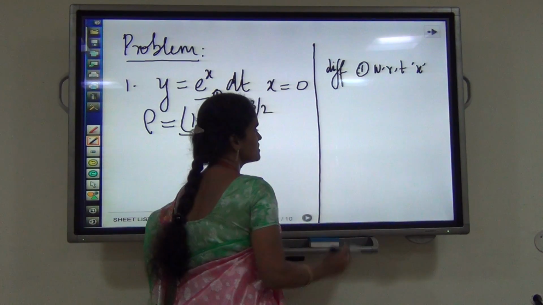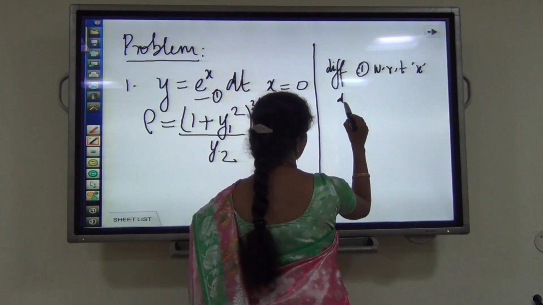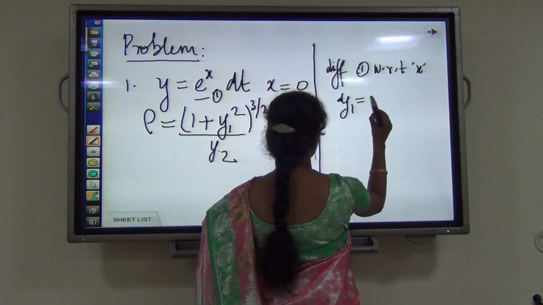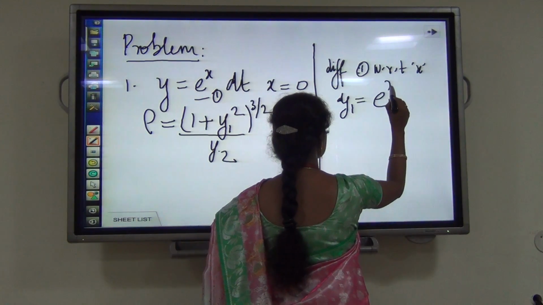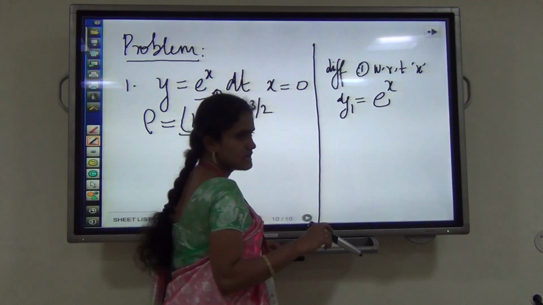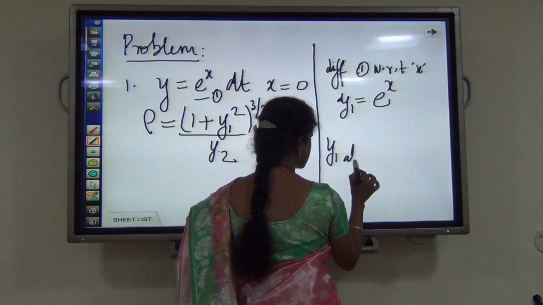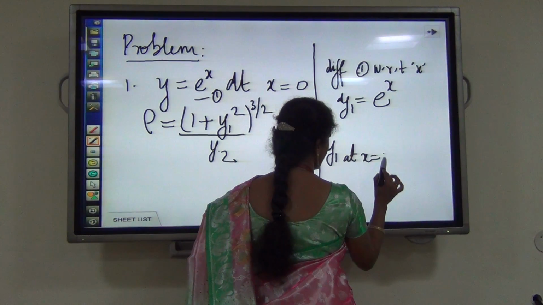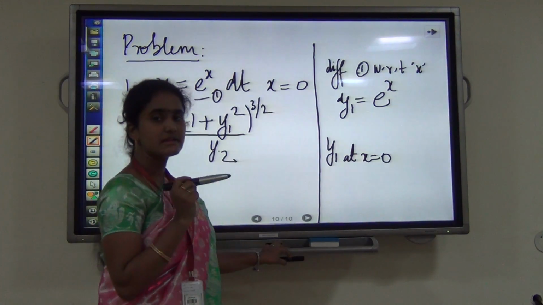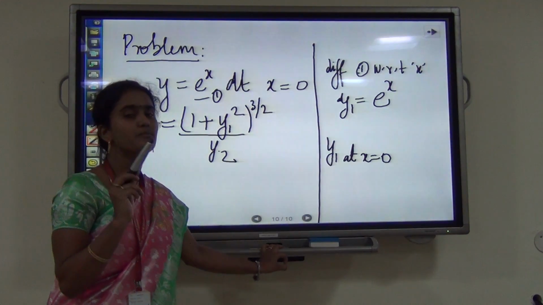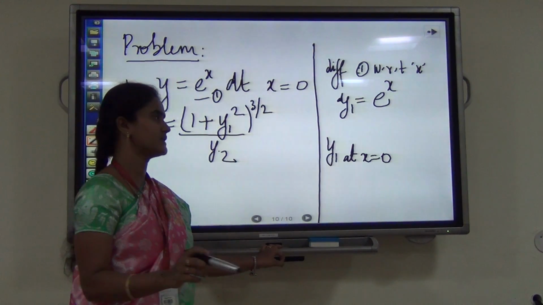So what do you have? dy by dx, or you can write this as y1. y1 is equal to e power x, since the differentiation of e power x is e power x. We also find the functional value of y1 at x is equal to 0, because we are going to find the radius of curvature at the particular point.